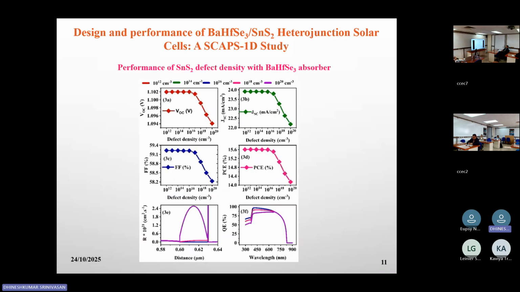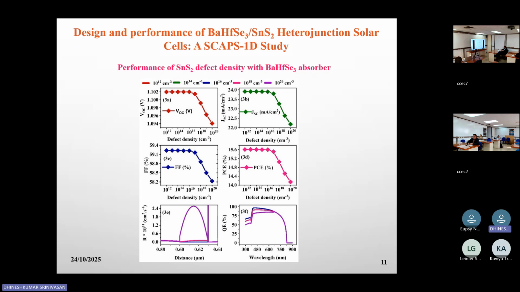And in this slide, we discuss the performance of SnS2 defect density with the barium hafnium selenium absorber. The defect density within the buffer layer is a crucial factor influencing the performance and stability of photovoltaic devices. To investigate this effect, simulation was carried out by varying the defect density in the range of 10^12 to 10^20.